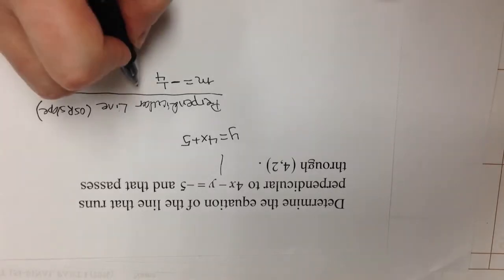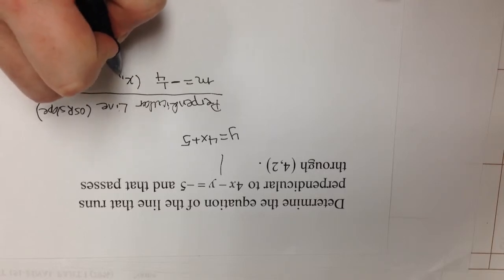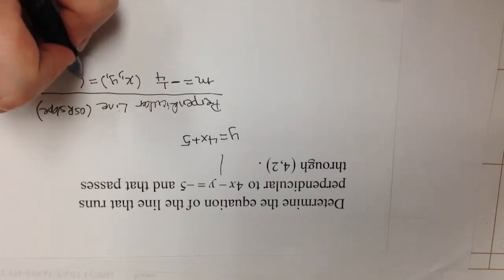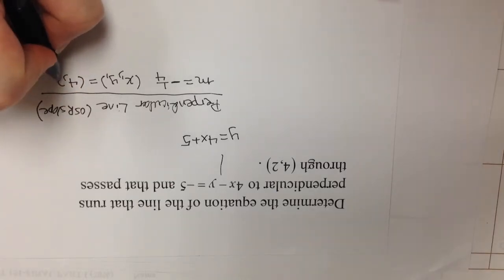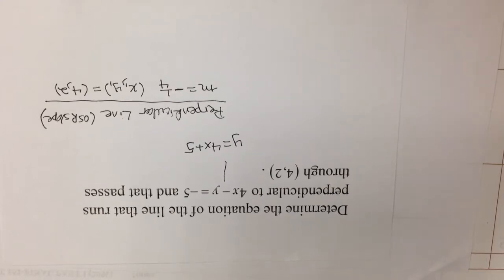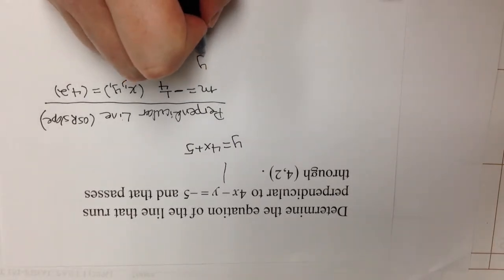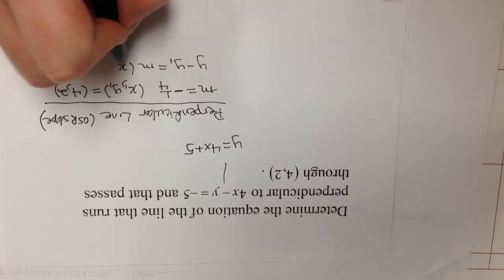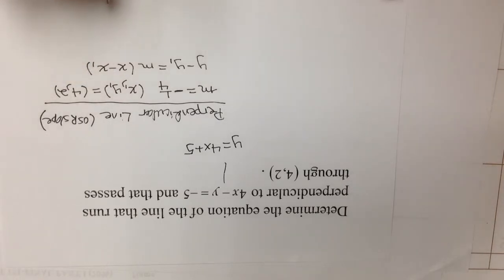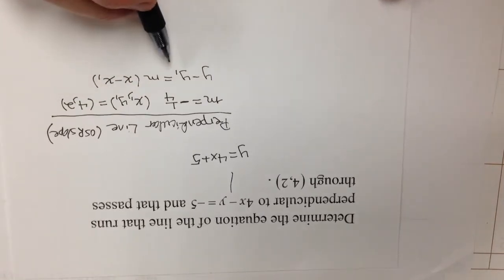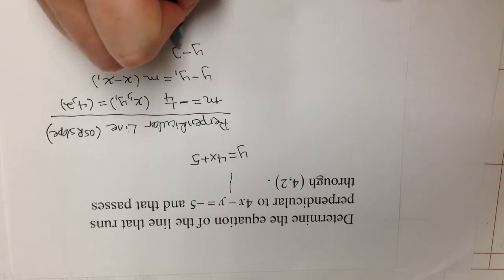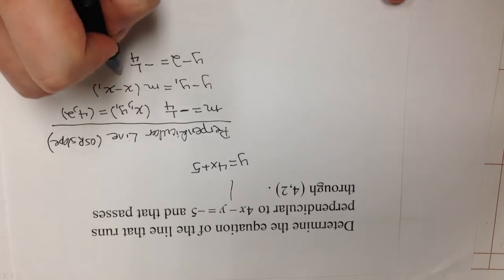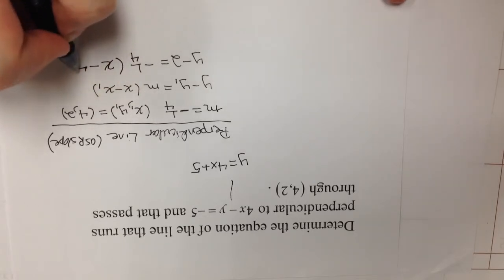And for the point through which the other line is going to pass, like the parallel line from the earlier example, we have (4, 2) as an ordered pair through which the line will pass. Utilizing the point-slope form of the equation of a line, as we substitute, y minus y1 becomes y minus 2, and the slope m this time will be negative 1/4, times the quantity x minus 4.